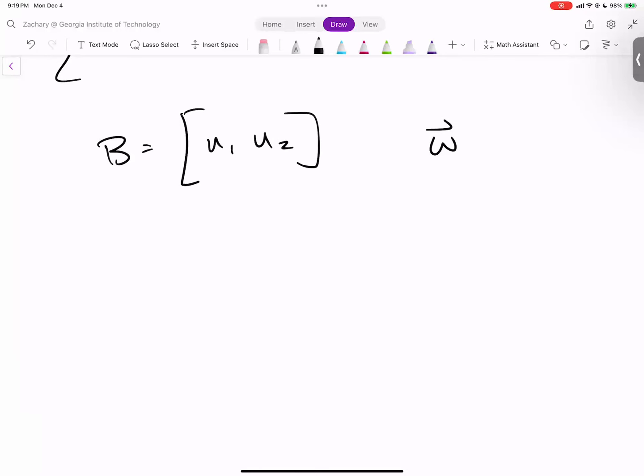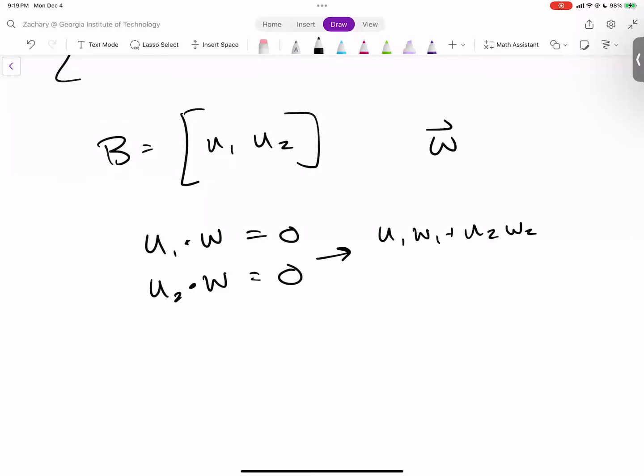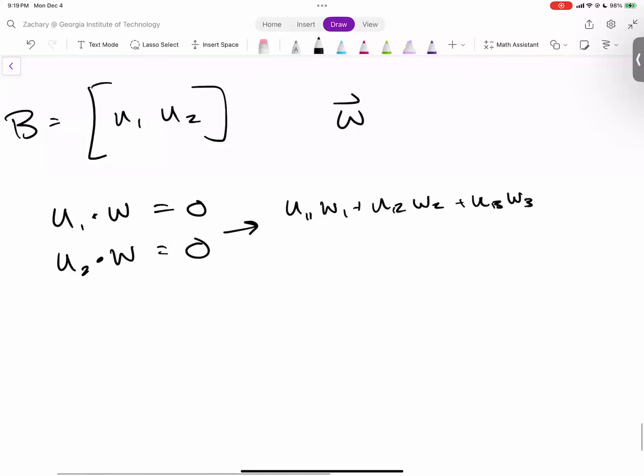So I want U1 dotted with W to be equal to 0, and U2 dotted with W to be 0. What this will give me is U11 W1 plus U12 W2 plus U13 W3 equals 0, and U21 W1 plus U22 W2 plus U23 W3 equals 0.